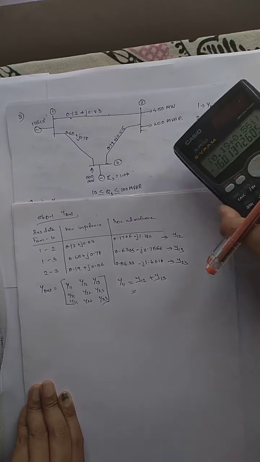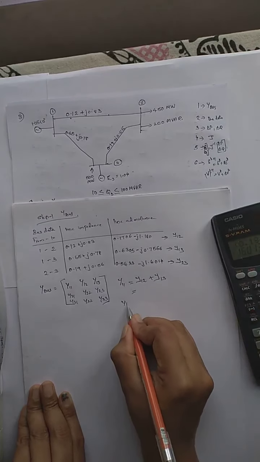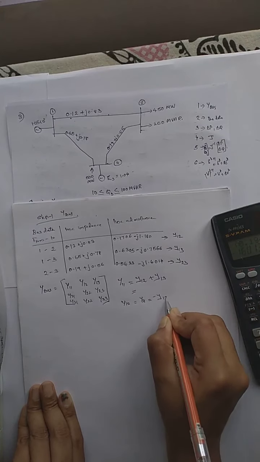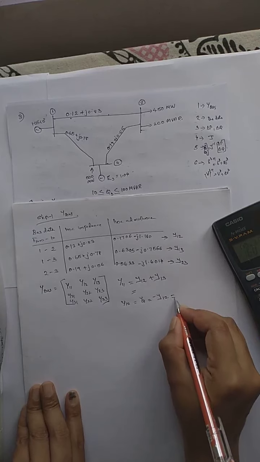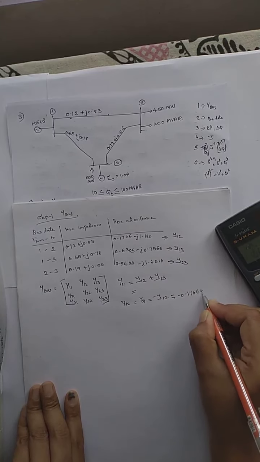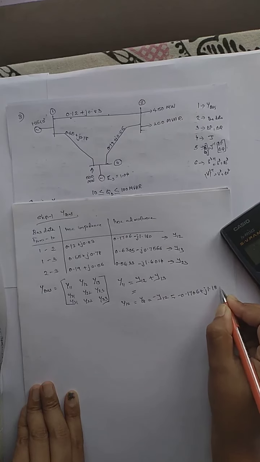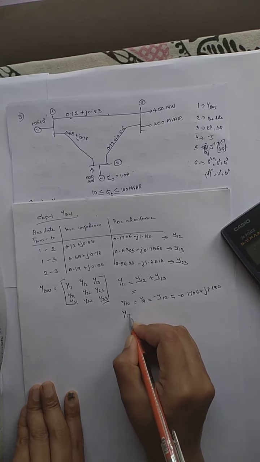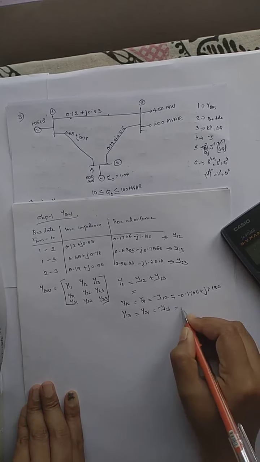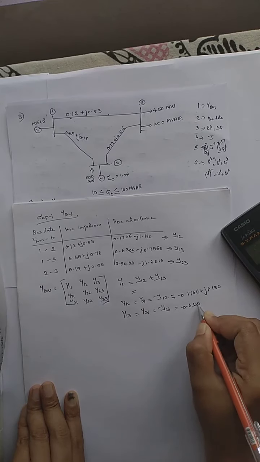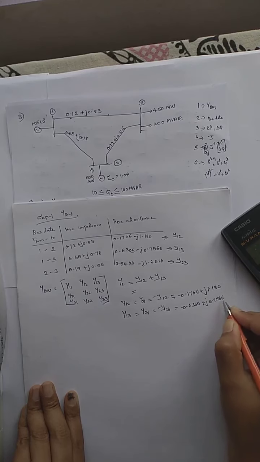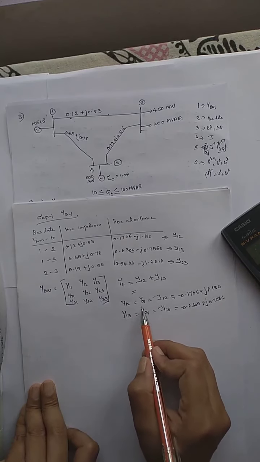Y12 equals Y21, which is minus Y12, that is minus 0.1706 plus j1.190. Y13 equals Y31, which is minus Y13, that is minus 0.6305 plus j0.7566.